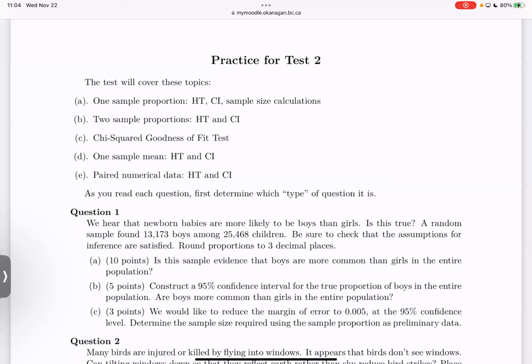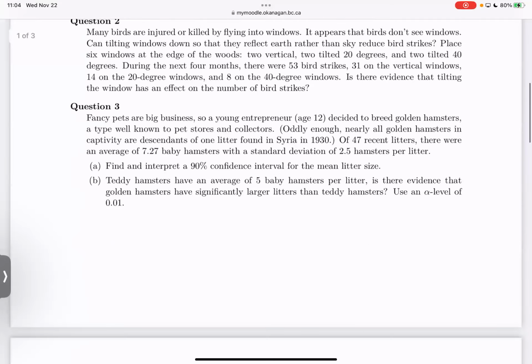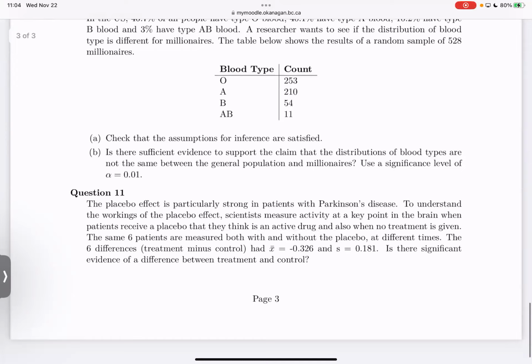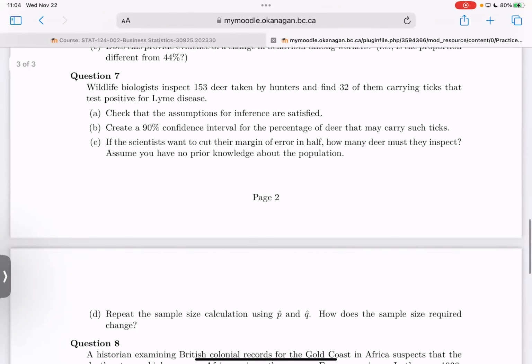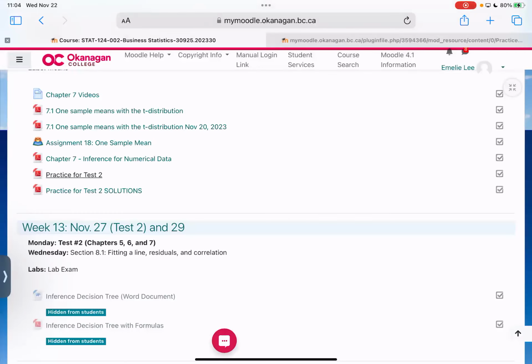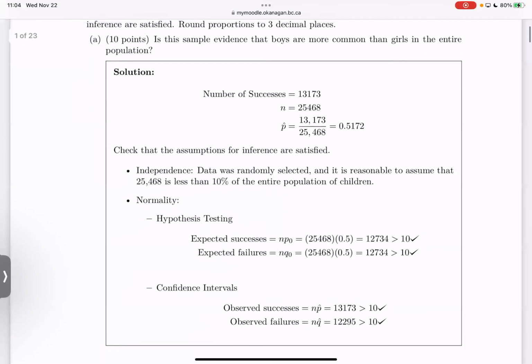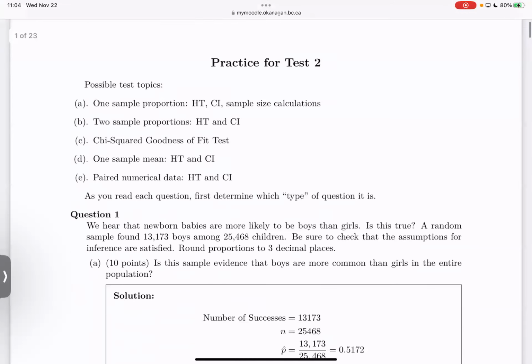Obviously, I'm not going to go hard on the paired data, but as you'll see, it's basically one sample mean all over again. Okay, and I've got all these practice problems with solutions. I think the solutions end up being quite long, 23 pages.